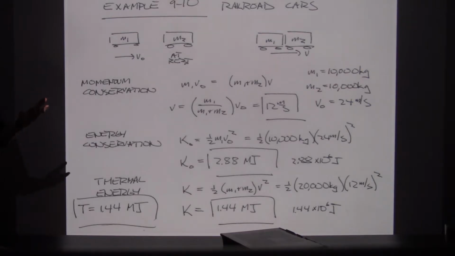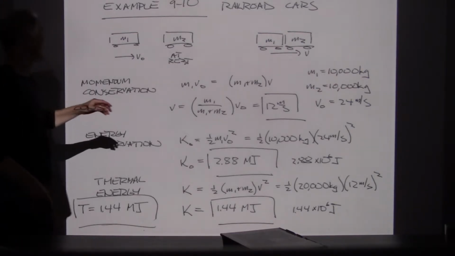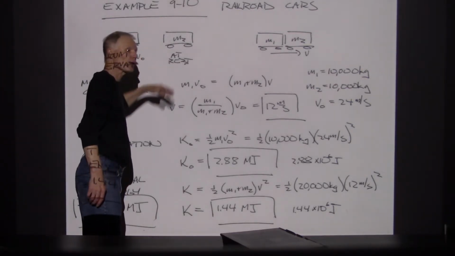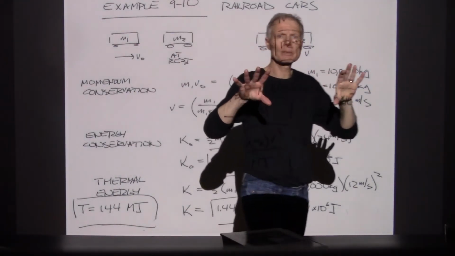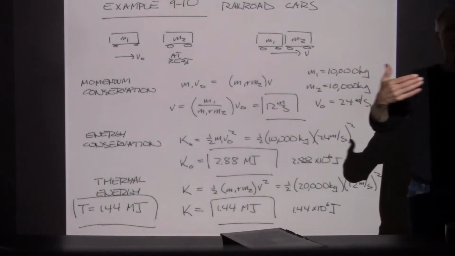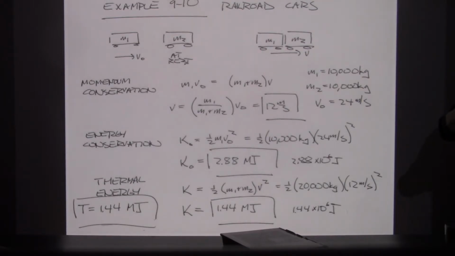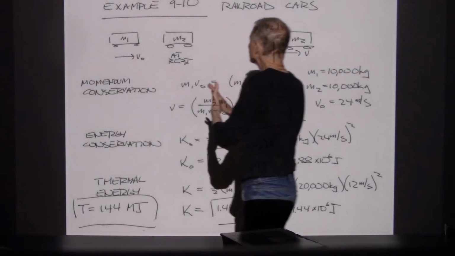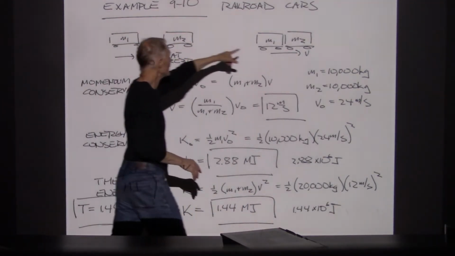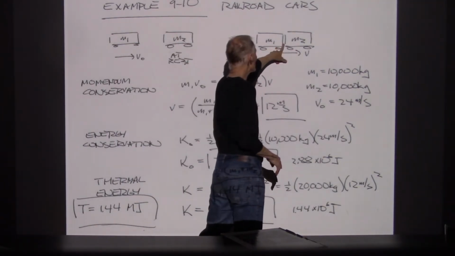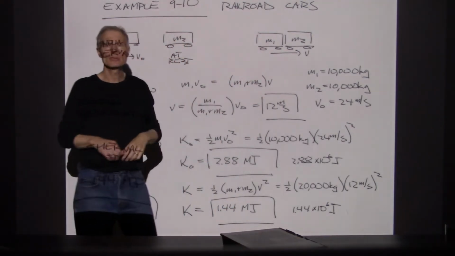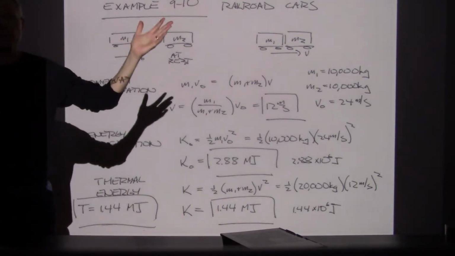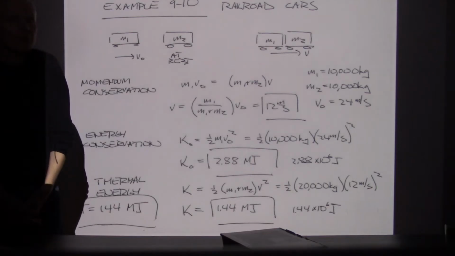Now I guess there's another possibility here. It could be that one of these railroad cars, or both of them, have spring systems built into them, so they come together and store the energy in a spring, and then the mechanism locks so that the spring has been compressed. Then they travel off together, but there's a spring in here that's now compressed, locked in place, and at some point we can release that and the spring can push the two cars away from each other.